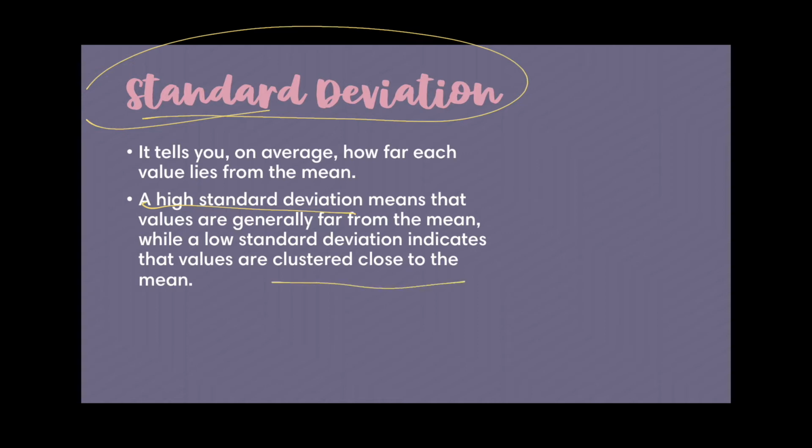So in short, the lower the standard deviation, the closer the data points are in terms of value. And a higher standard deviation means that the values within the data set are very spread apart.